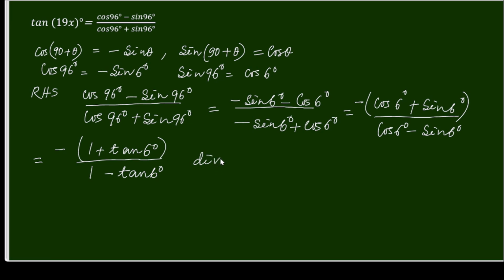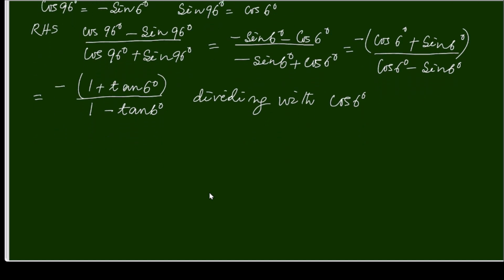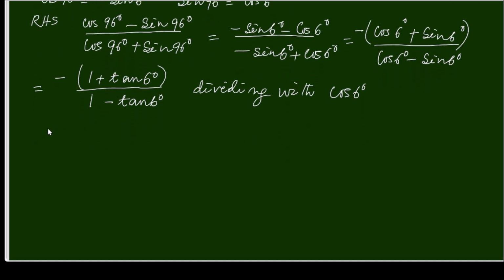Next we will apply one formula: 1 plus tan theta over 1 minus tan theta equals tan pi by 4 plus theta.